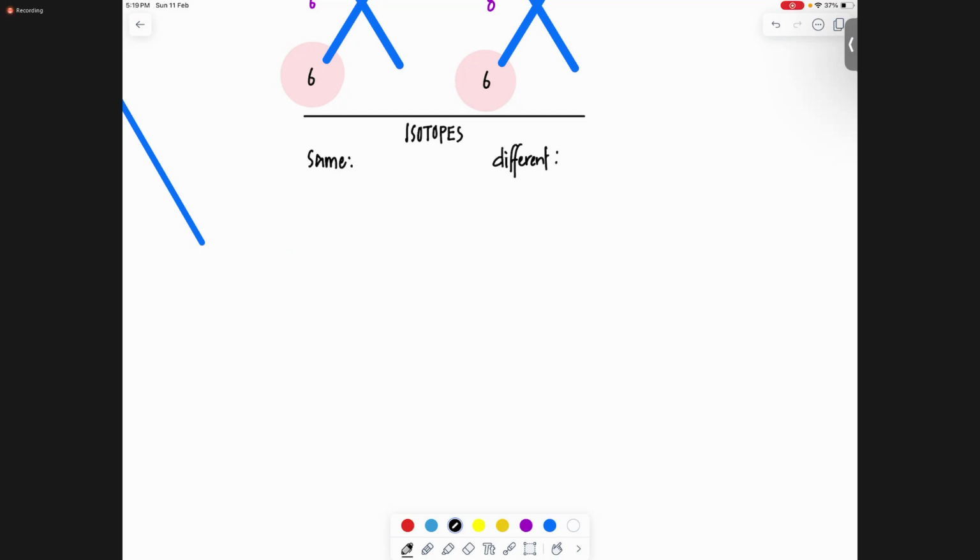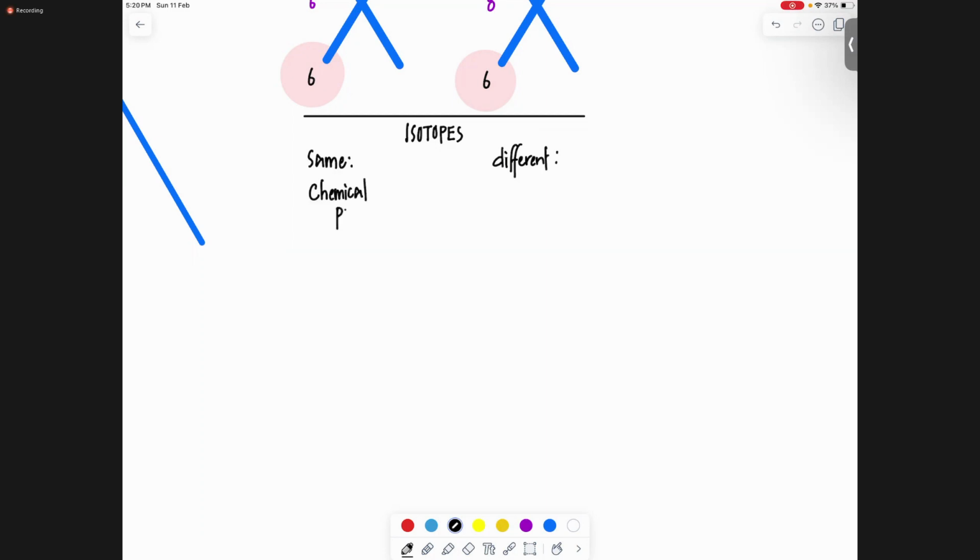Sorry, I should have rephrased it. Property-wise, what's different about them? Right, so they have the same chemical properties.